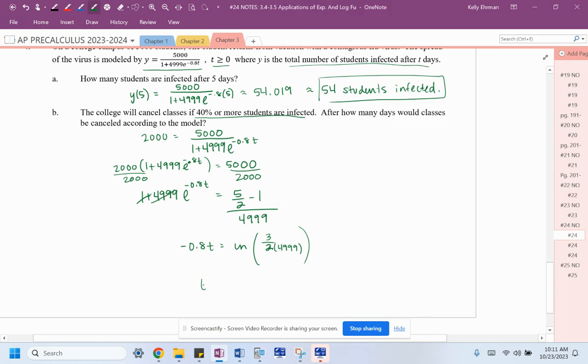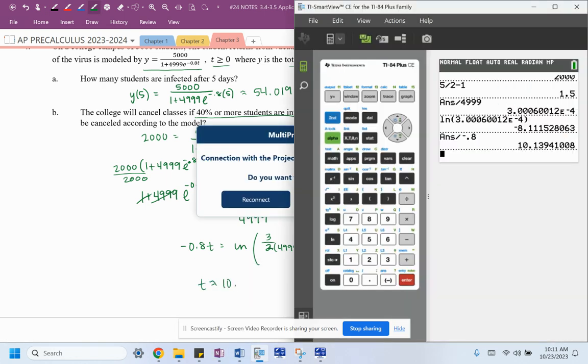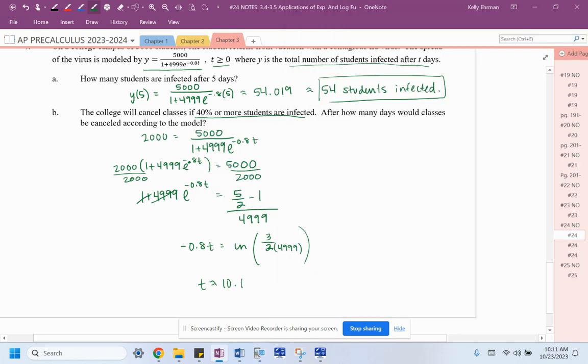So I get t is about 10.139. And what was t? How many days? So we wouldn't round this to the nearest day. I would say after about that many days. Because I don't know, are they going to cancel it on the 10th day when they're just short of 40%? Or would it be the 11th day when they're a little over 40%? So I would just say this.